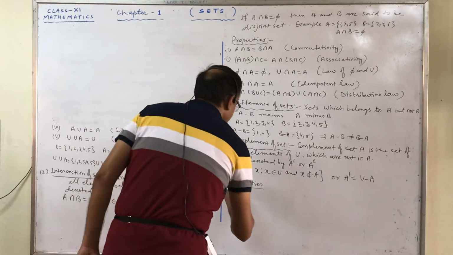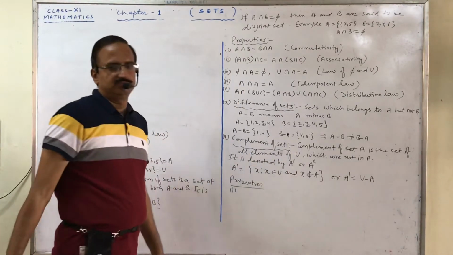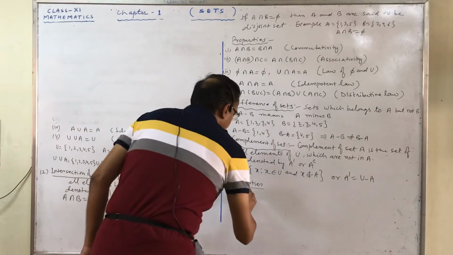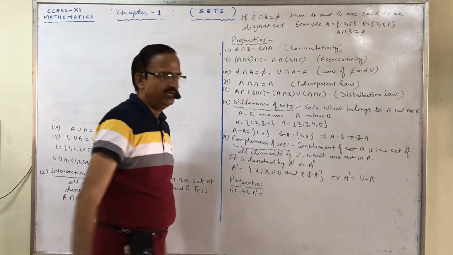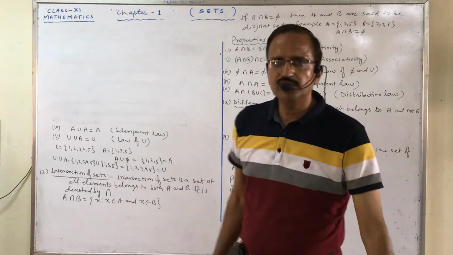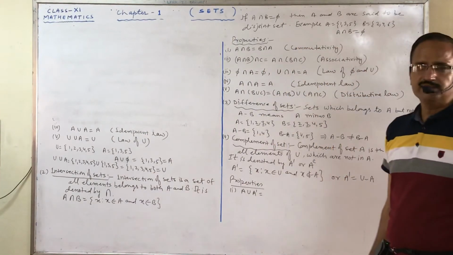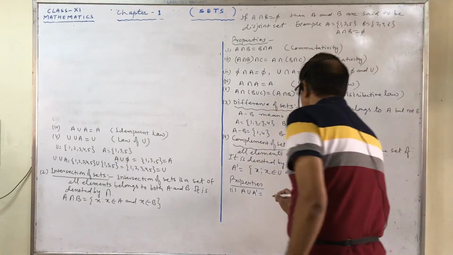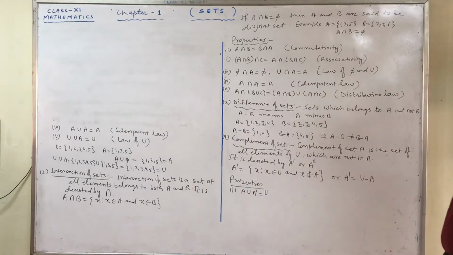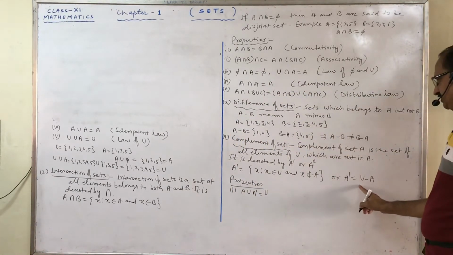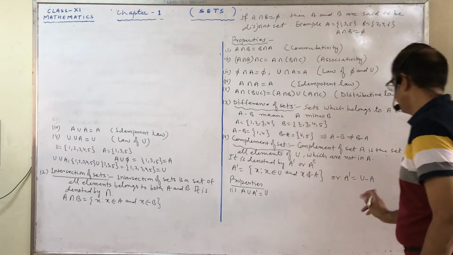First property. A union A dash means the union of a set with its complement. No doubt it is U. From this you can prove this one.